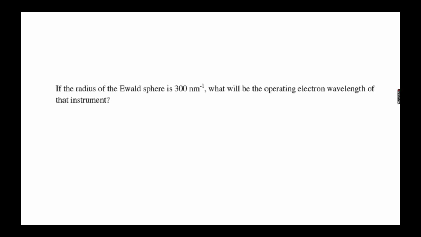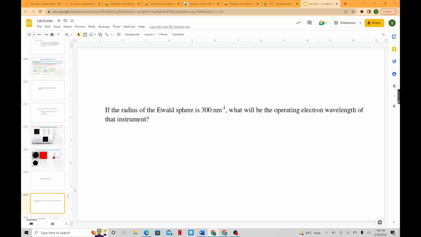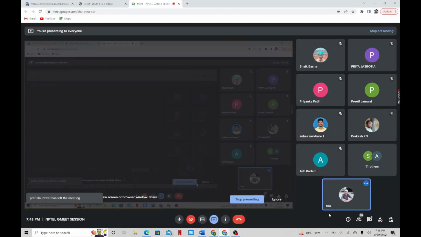So what will be the operating electron wavelength of that instrument? Please give an answer. I need the answer from everyone, whether it is wrong or right doesn't matter. Or just type in the chat box. I will see from there.